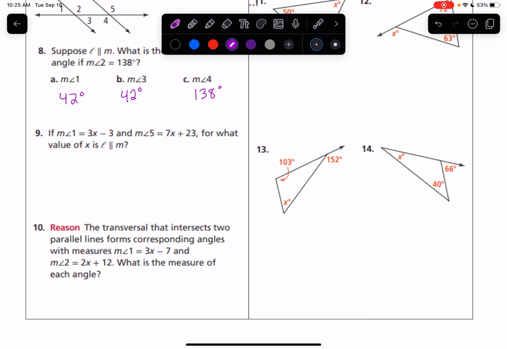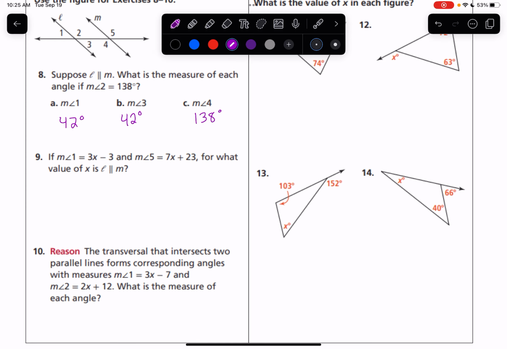Number 9, if the measure of angle 1 is equal to 3x minus 3, and the measure of angle 5 is equal to 7x plus 23, for what value of x is L parallel to M? So we can see that 1 and 5 are supplementary because they are same side exterior angles.